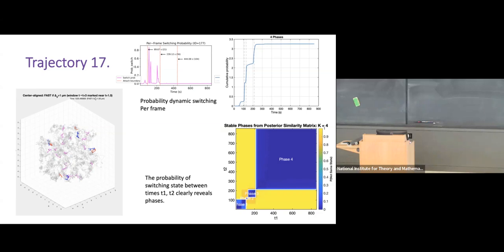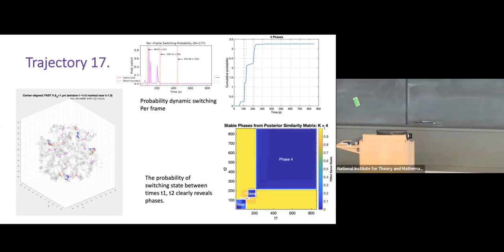To visualize this as clearly as possible, I think this plot is really useful. It is the probability of being in a different state at time t2 from t1, so it just tells you whether you switched. You see a lot of biological images looking like this, like a Hi-C map.